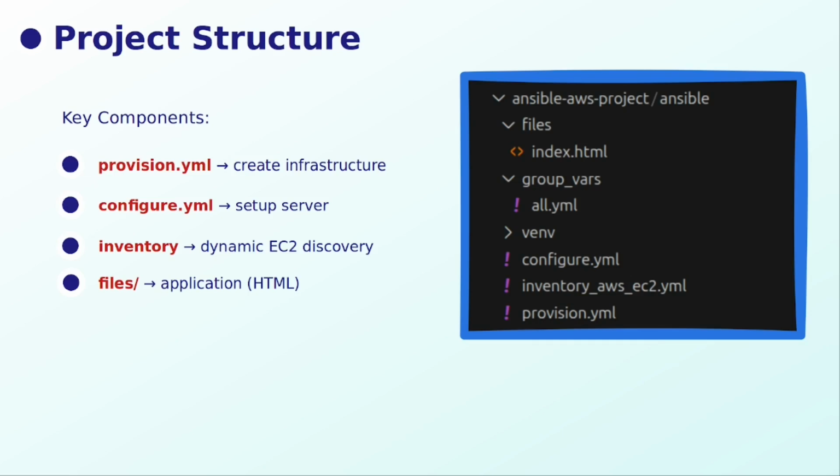We also have a files folder, which contains the index.html file, our simple web application. Finally, group_vars/all.yaml stores shared variables like region, instance type, and AMI ID.